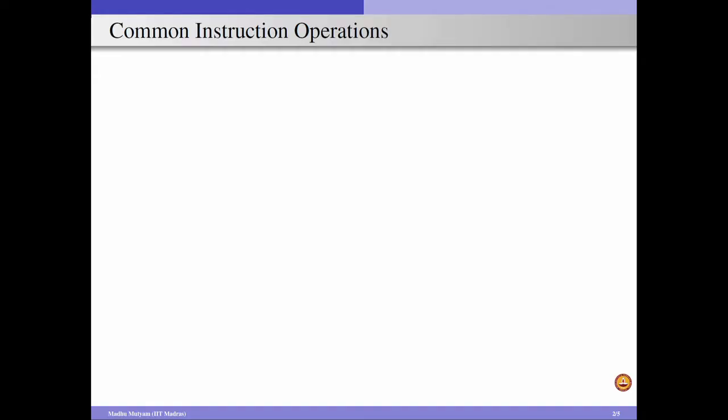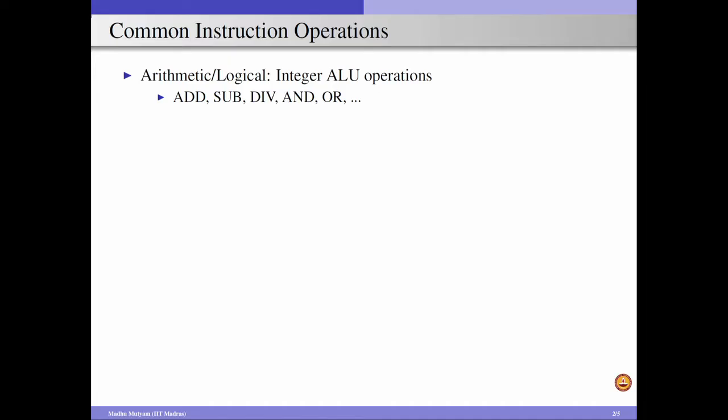Now, what type of operations does the instruction set typically support, or what type of instructions do we need to consider in the new ISA that we want to decide? So, generally any ISA should support arithmetic and logic operations, which are nothing but integer ALU operations.